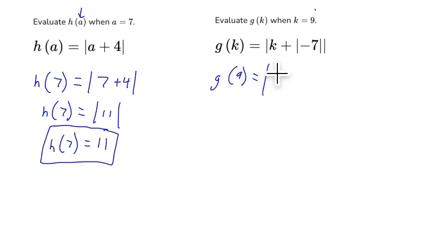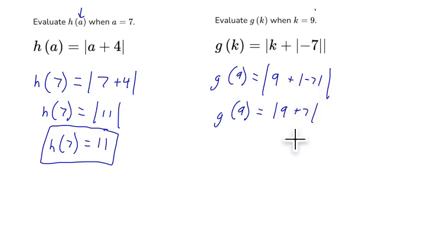So we want the absolute value of the input plus the absolute value of negative 7. And the absolute value of negative 7 is positive 7, so we want the absolute value of 9 plus 7. And 9 plus 7 is 16, and the absolute value of 16 equals 16. So g of 9 equals 16.